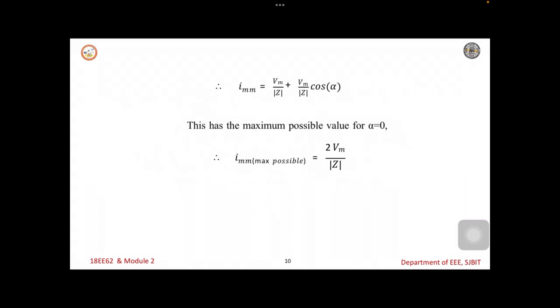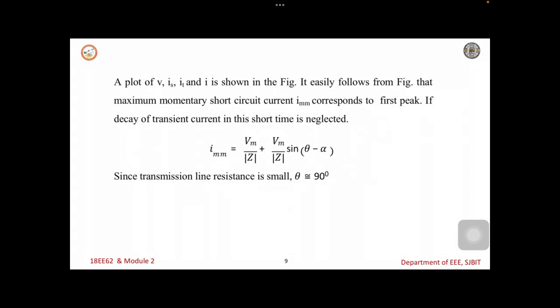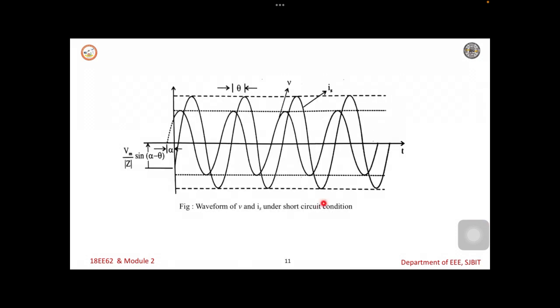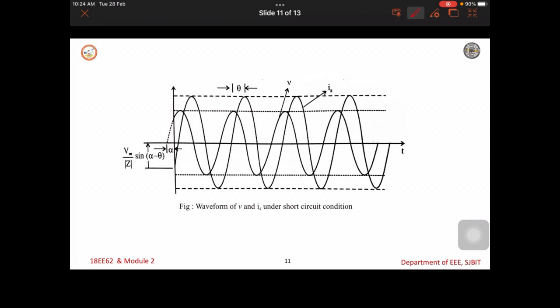Here the steady state current is shown, and alpha is the control angle at which the short circuit occurs. Here theta is between V and I, and the angle is alpha.